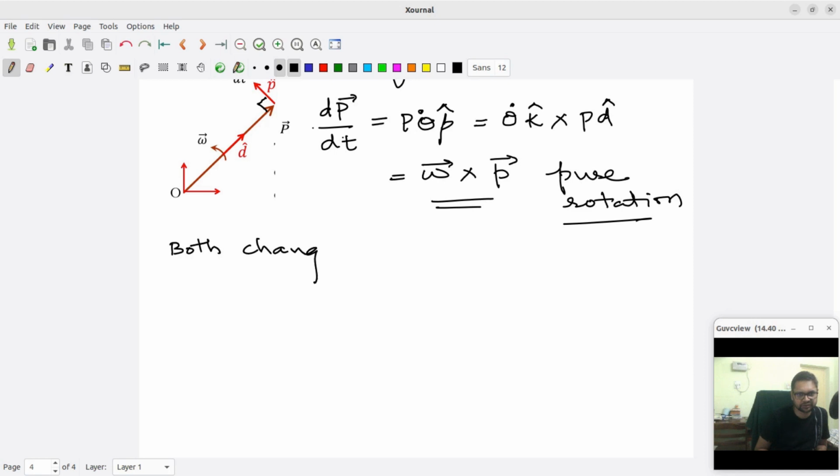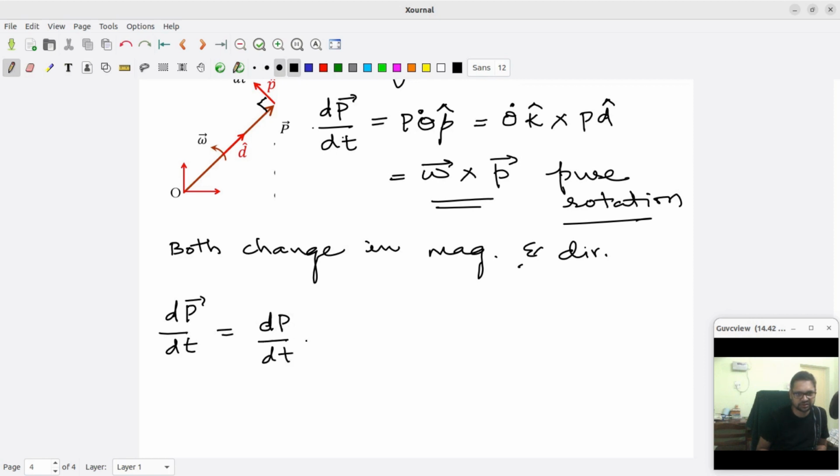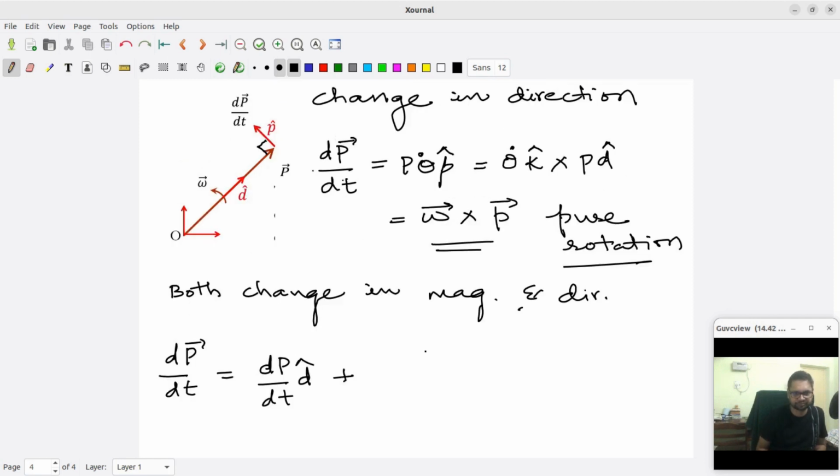In magnitude and direction, when you have these two, which is the general case, you have dP by dt as change in magnitude by dt times d cap, plus P theta dot P cap.